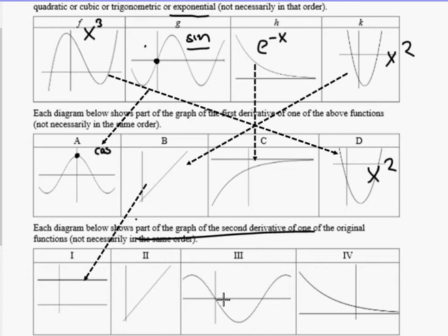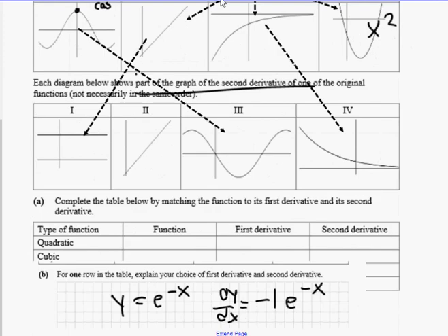Once again, the trigonometric just turns back into another trigonometric. It goes back from cos and it turns back into sine. The exponential once again decides to turn itself upside down because we're just going to end up multiplying by minus 1 again when we differentiate it. So we had it down here, and if I differentiate this, once again it's going to be e to the minus x.